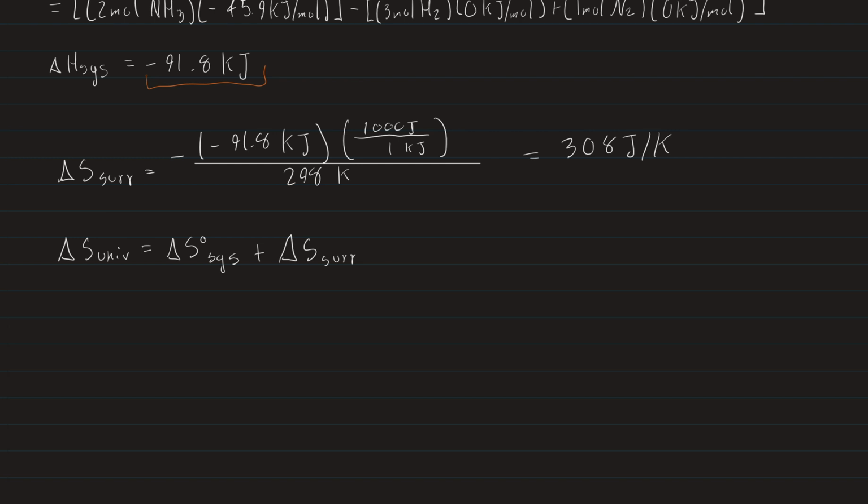And in this case, it's just going to be negative 197 joules per Kelvin, and that was given to us, plus 308 joules per Kelvin, and this should give us 101 joules per Kelvin.